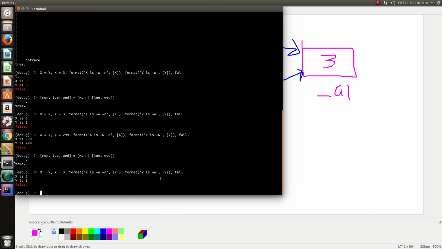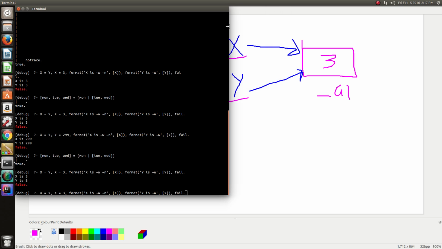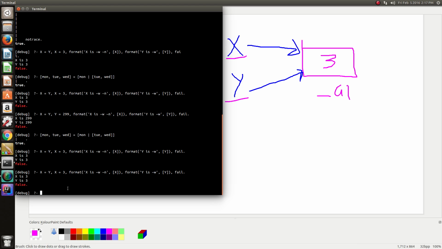What we want to do here, I've got this query. I'm just mimicking this same behavior here. So I've got X and Y here, I'm unifying them together so they share the same memory address. Say for argument's sake it's G1. Then I bind 3 to X, so now the memory address location G1 has the value 3, so therefore Y sees 3.